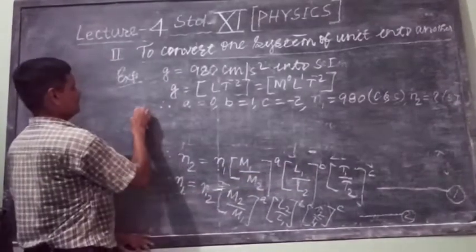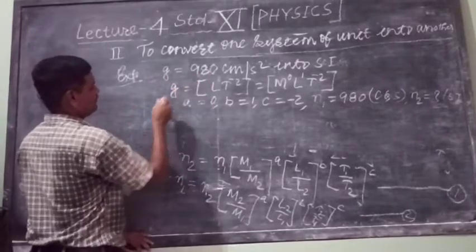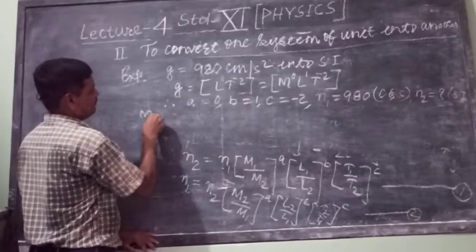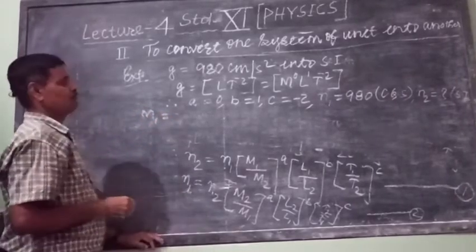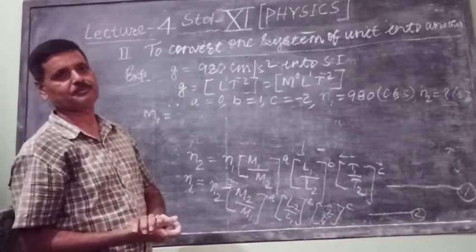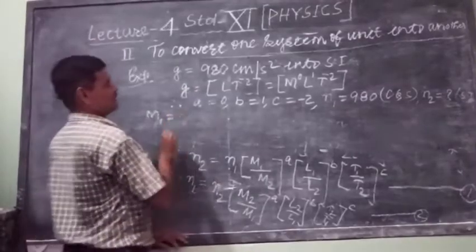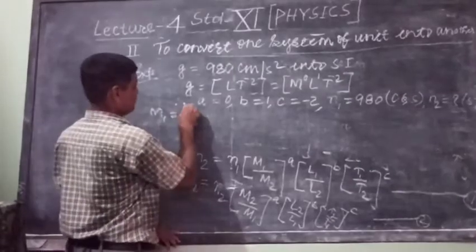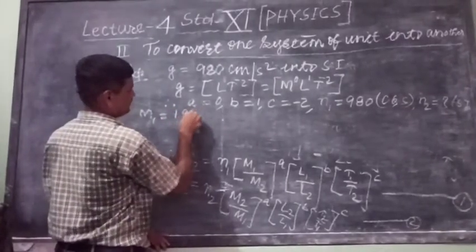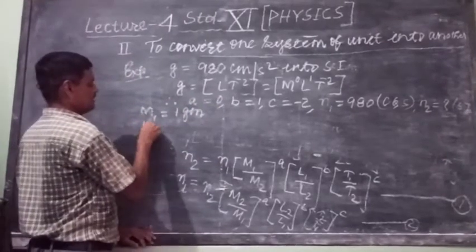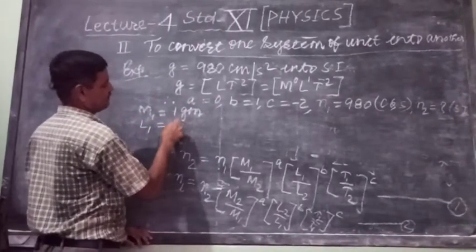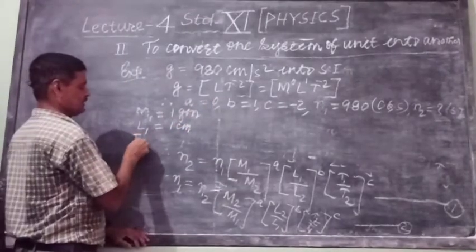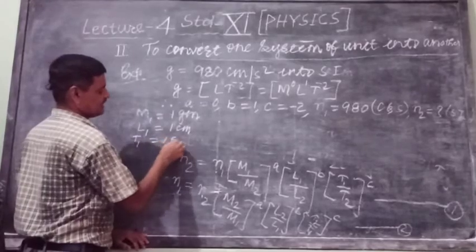Now let us come to the given first system of unit. Can we write mass in the CGS system in gram or kilogram? Only in gram. M1 is equal to 1 gram, L1, that is the length, is 1 centimeter, and time, that is T1, is in second.